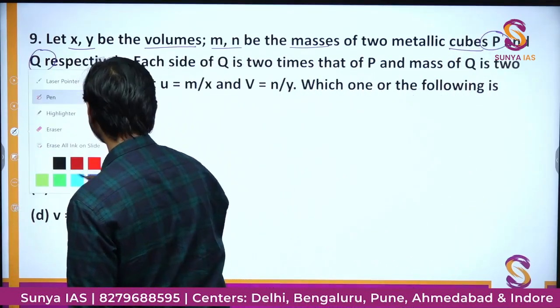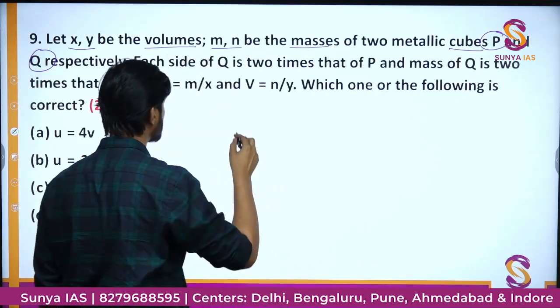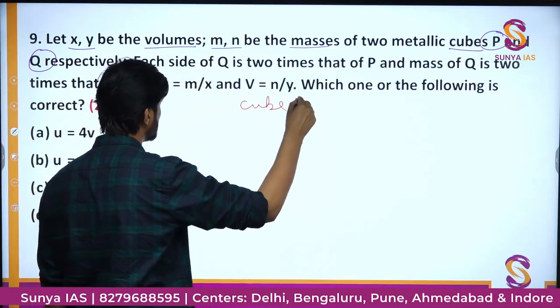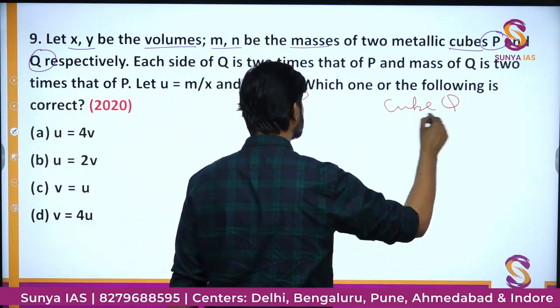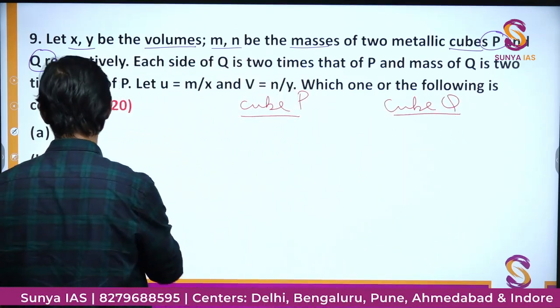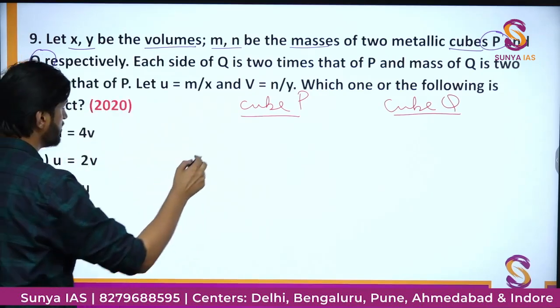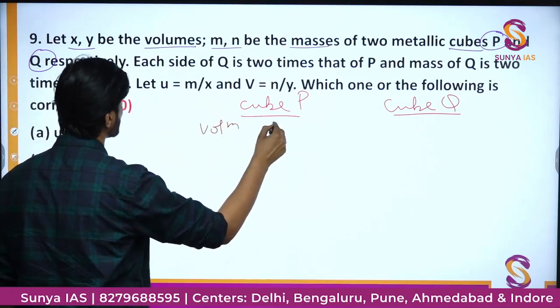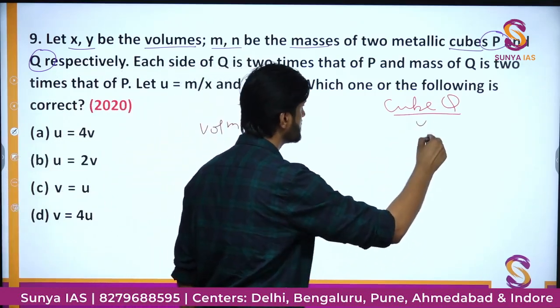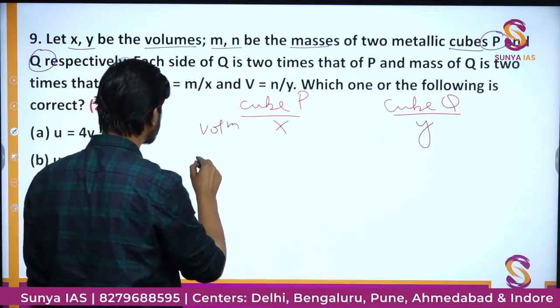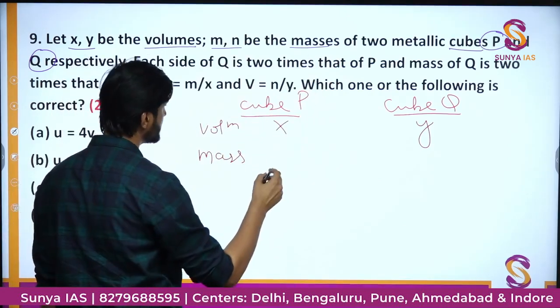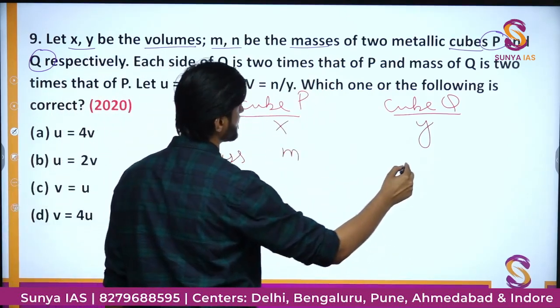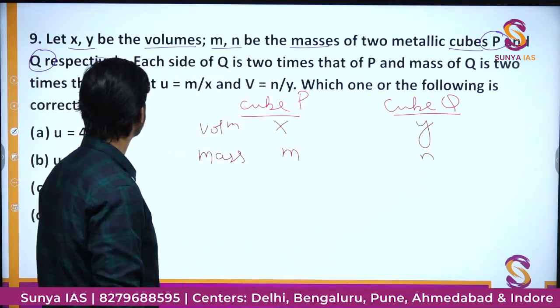So basically we have two cubes, let's call it cube P and cube Q, right? What is the information given? The volume of the cubes is X and Y, and the mass, that is simply in layman terms, the weight of it is M and N. Okay.